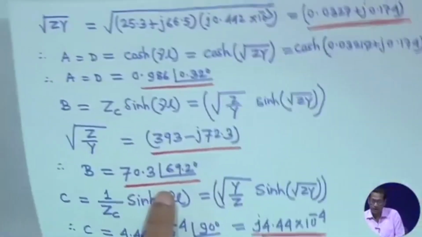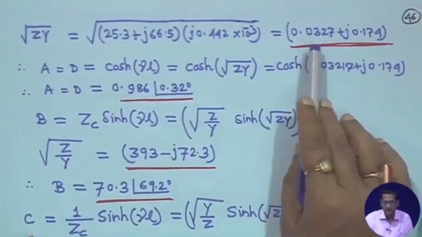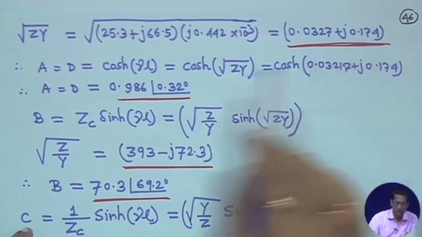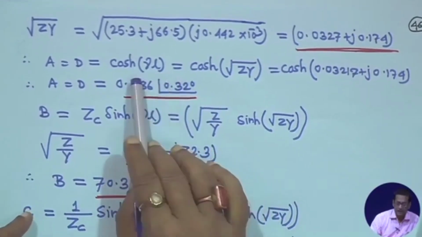Therefore, root over z y is equal to 0.0327 plus j 0.174.